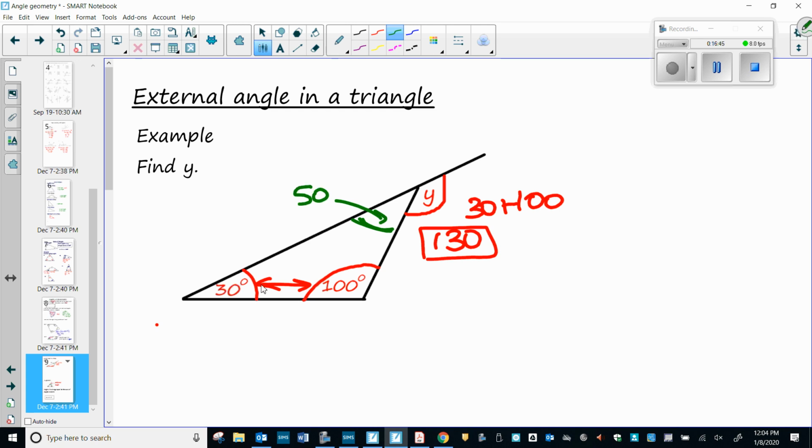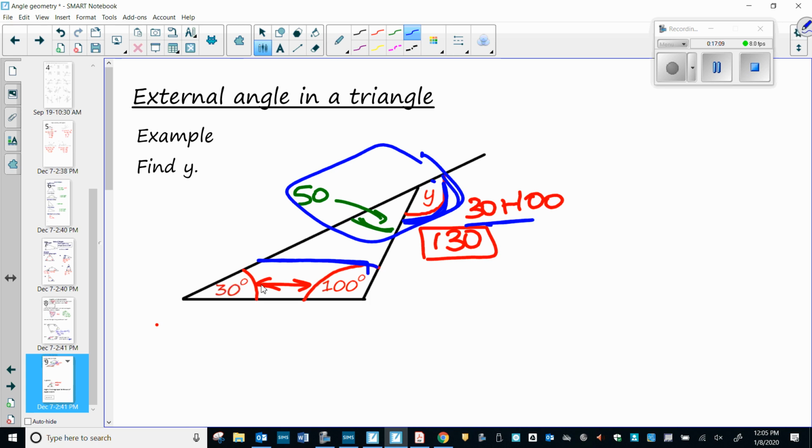Well, what do I know about these angles here? They're on a straight line, so I know that they have to add up to 180. And so that has to mean that this angle here would be 130. And that's why that's always going to be equal to the sum of those two.